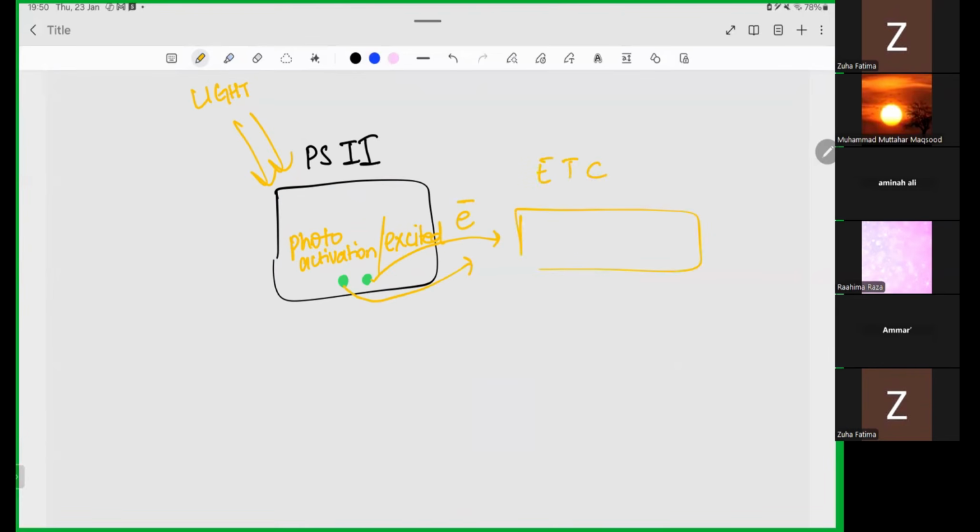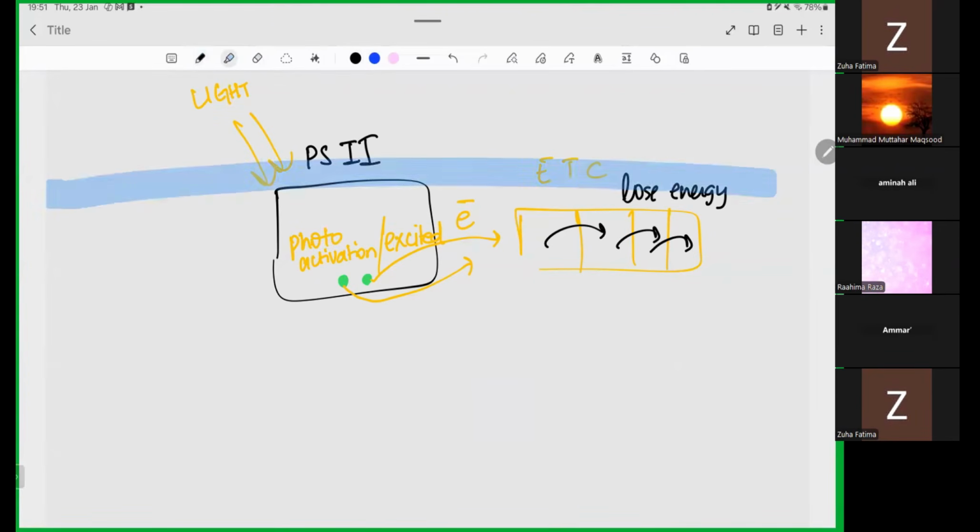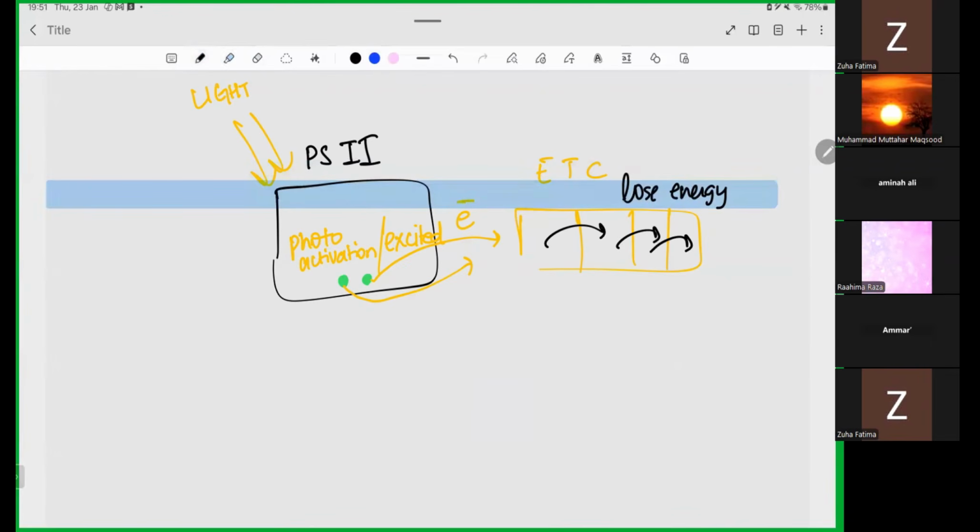These electrons are picked up by the ETC. So there are a lot of ETC complexes. Now, as the electrons are moving across the ETC, they lose energy. That energy, let's say हमारे पास thylakoid membrane है, the energy that is lost is utilized to actively pump hydrogen ions inside the thylakoid space. Active transport of protons.